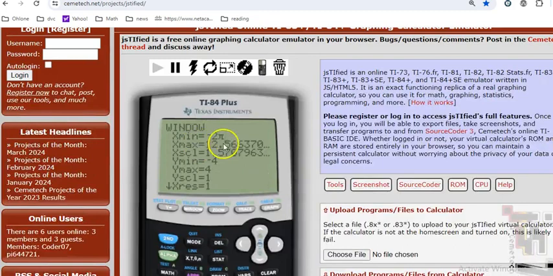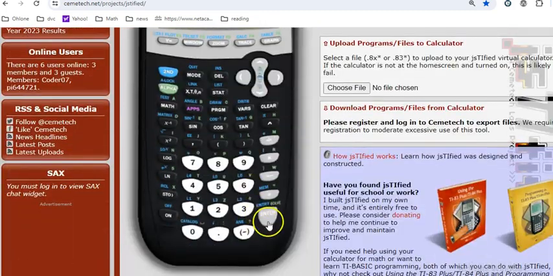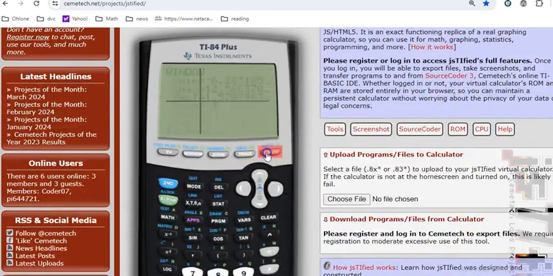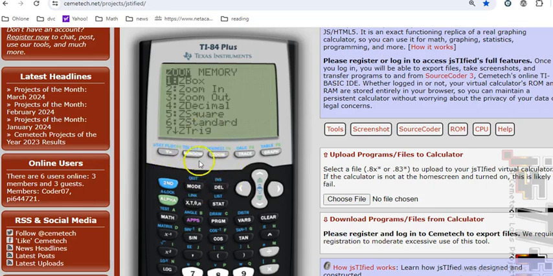See, negative 2 pi. Press enter, it becomes negative 6.2. If I do graph, you see at negative, they have only one cycle, but this would have 4 pi. Okay, so you can use it this way. Zoom trig will adjust everything so each tick mark is a pi instead of 1, 2, 3, 4.